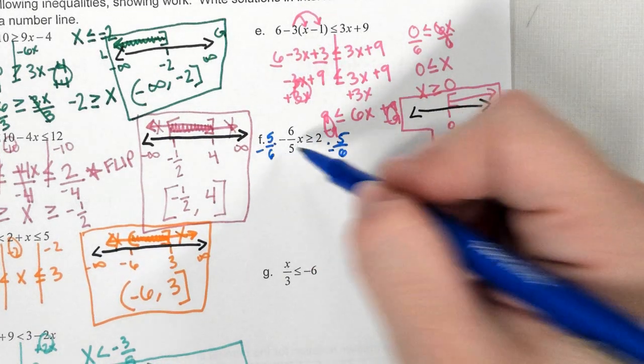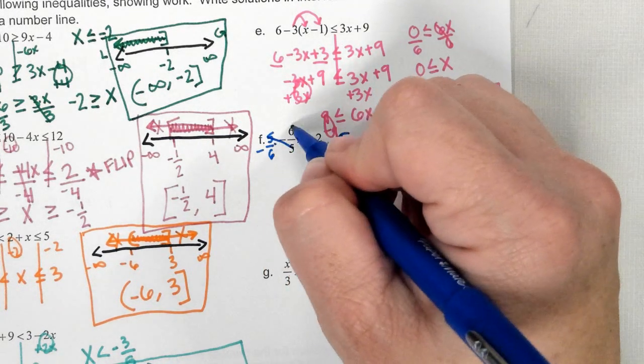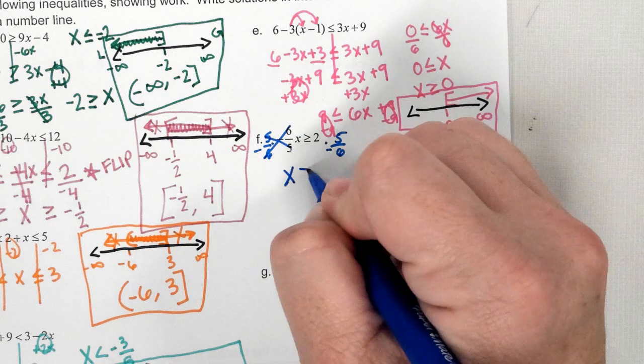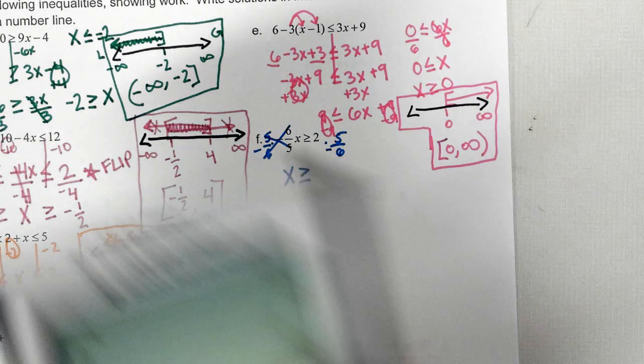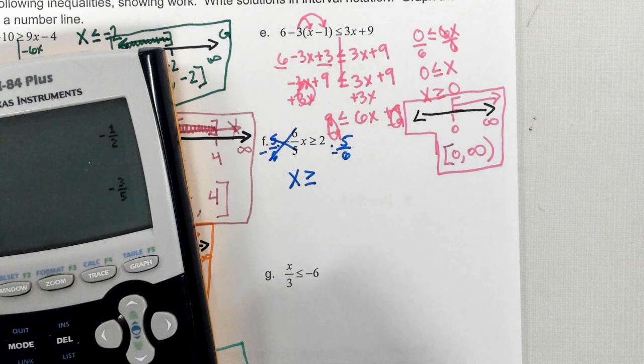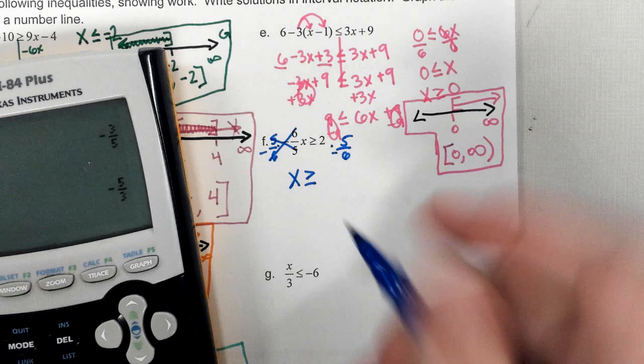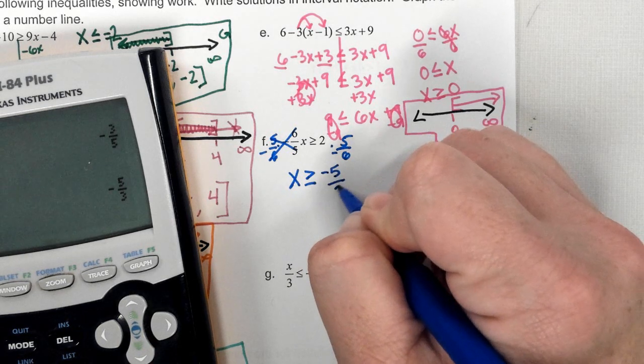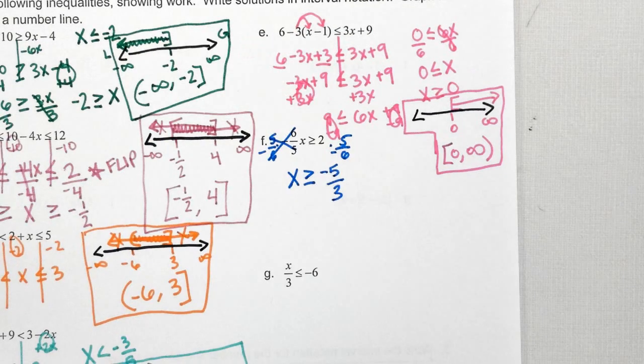Two negatives make a positive. These 5s cancel, these 6s cancel, and I get x is greater than or equal to, and then can we do the rest in the calculator? Yes, we can. 2 times negative alpha y equals enter, 5 over 6, and I get negative 5 over 3. And then I'm done.